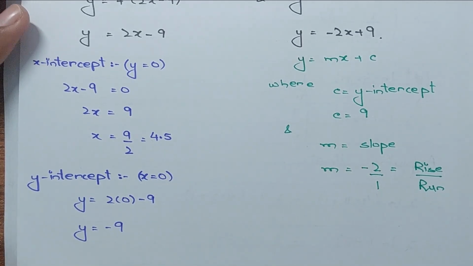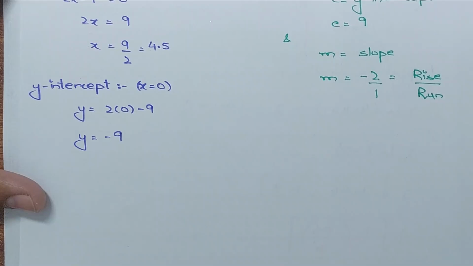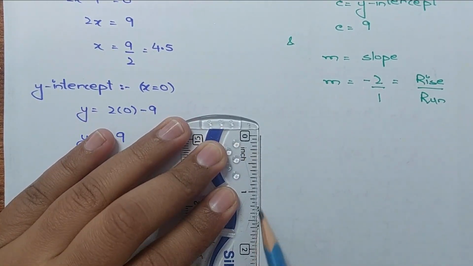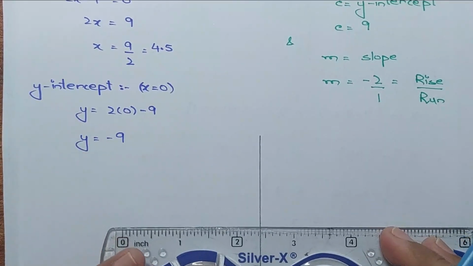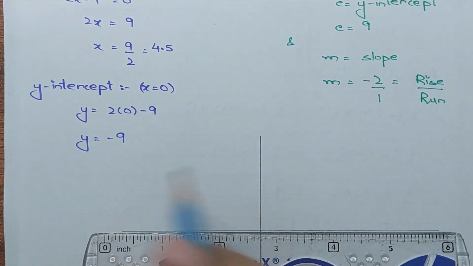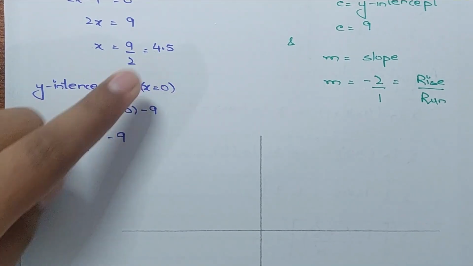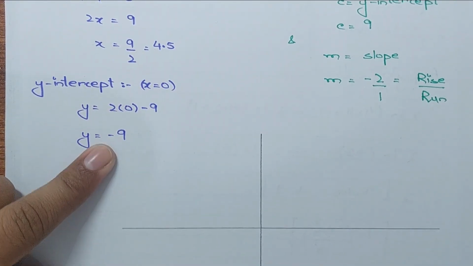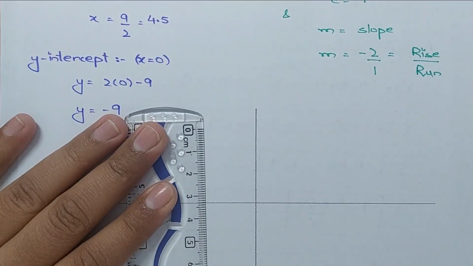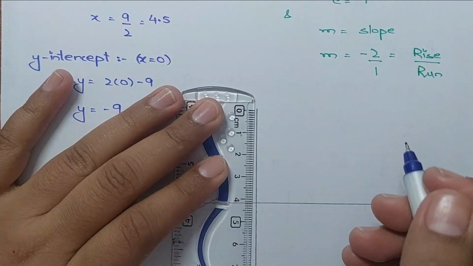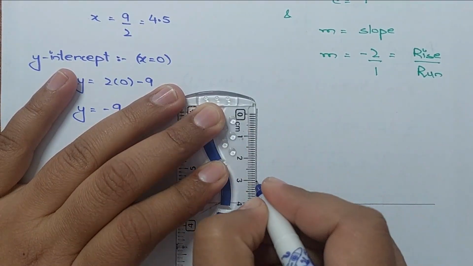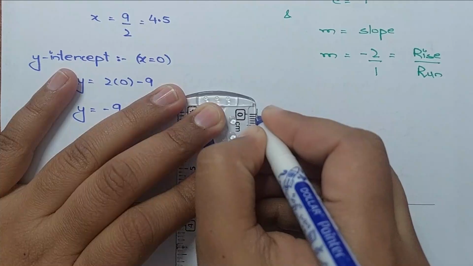Let me sketch these two on the same axis. The x values we need are positive and the y values here are negative, right? So we need the scale by 3 or 2 is better, right? This is 0. This is 2, 4, 6, 8.